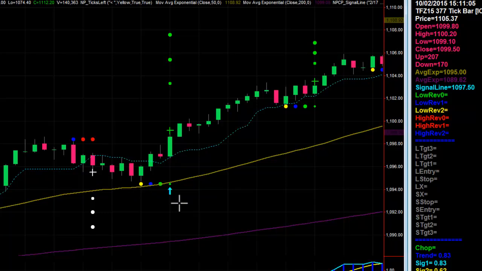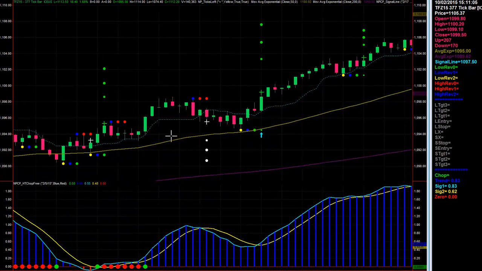You could even learn to specialize. Notice when we go back to here, this is resting on or near the 50 EMA as well. Look at when that one triggers in, how it's able to pop up and hit a target. You're going to see that a lot now that I've pointed it out to you. It's not a filter. It's not trying to avoid losing trades, but it is giving you a hint on setups that might have higher odds, better odds in the favor of that trade succeeding.